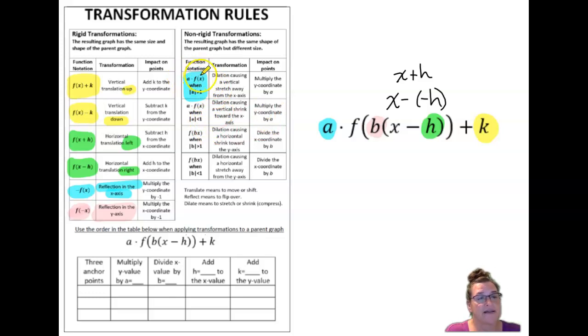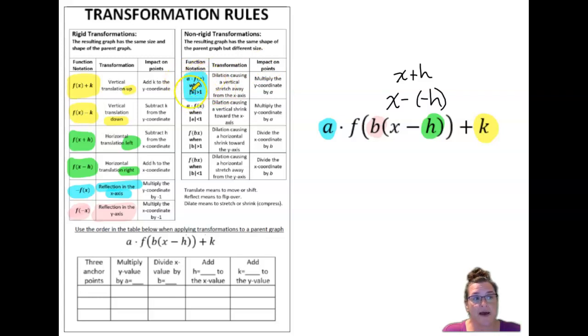If you have a times the function, if the absolute value of a is greater than 1, so a positive 1/2 would not be greater than 1, but a positive 2 would be greater than 1. If a was negative 2, because we're putting that in absolute value, it becomes a positive, and it would be greater than 1.